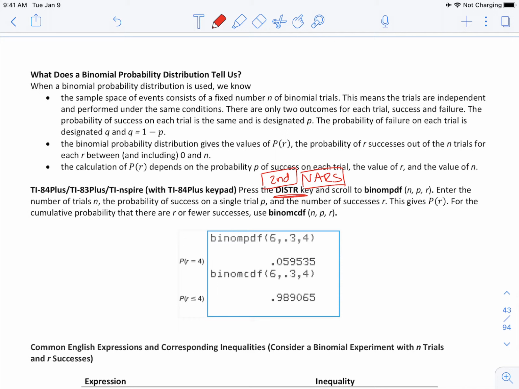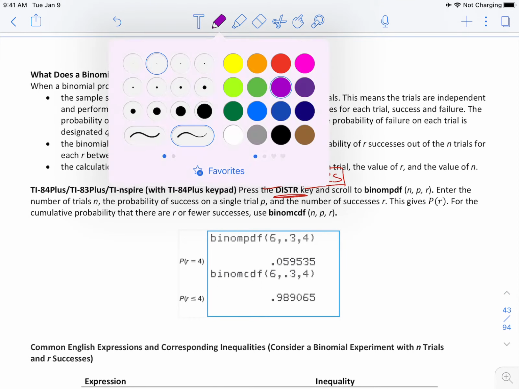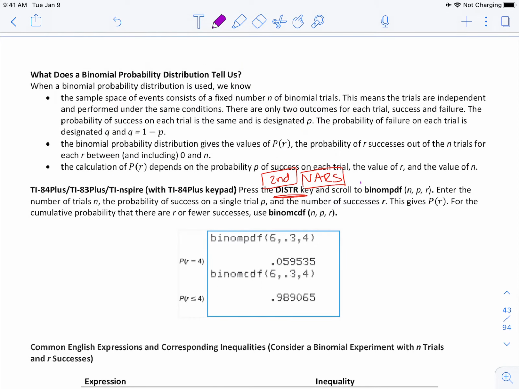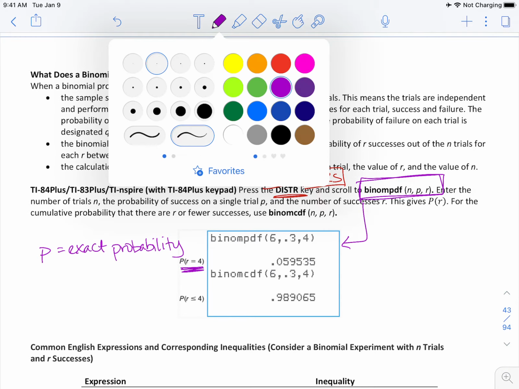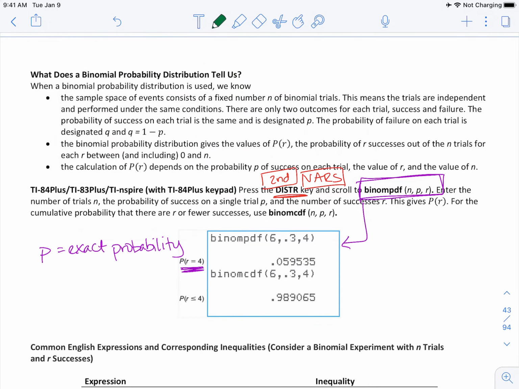Now, there are 2 different things you can do here. One, binomial PDF. This is if you're doing P, it's going to give you the exact probability. So when you want, for example, the P that R is equal to 4. The other option that we have on here is binomial CDF.